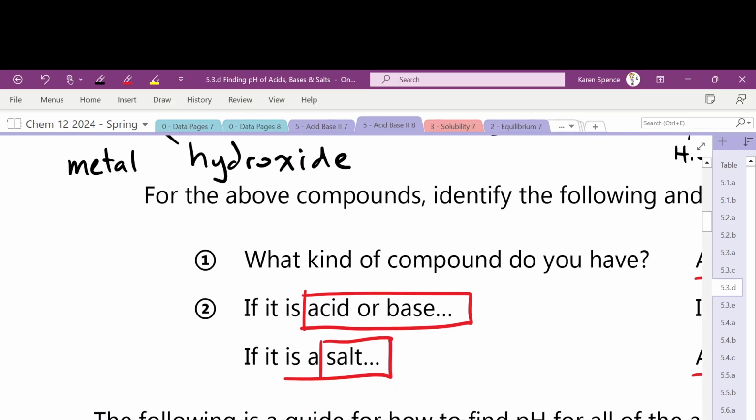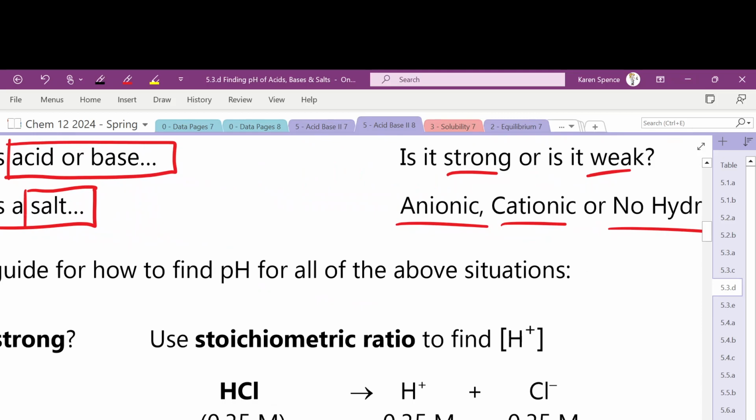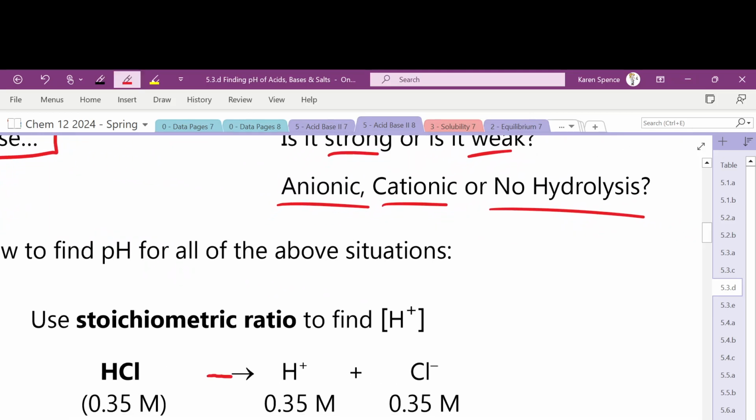So we have a strong acid, it dissociates completely, and all of the 0.35 molar turns into 0.35 molar H+. This is actually gone now, yes? And so all we do is use the stoichiometry, the 1-to-1 ratio, to figure out what the hydrogen ion concentration is. And once we have hydrogen, we can, of course, convert to pH.